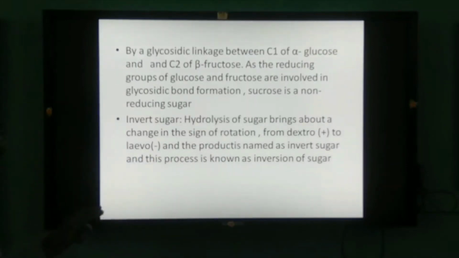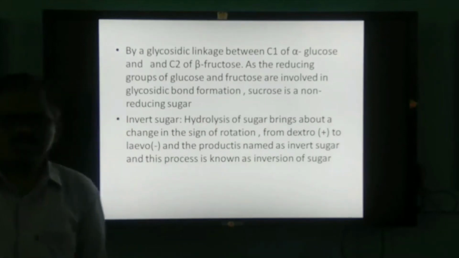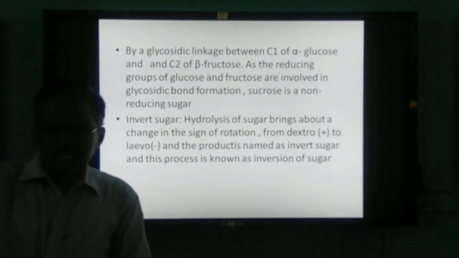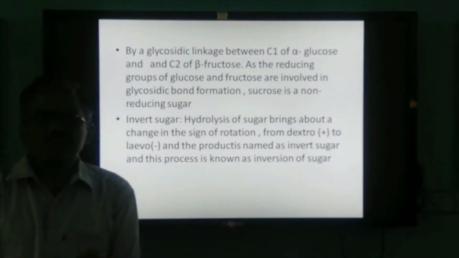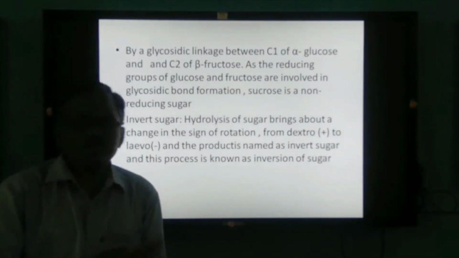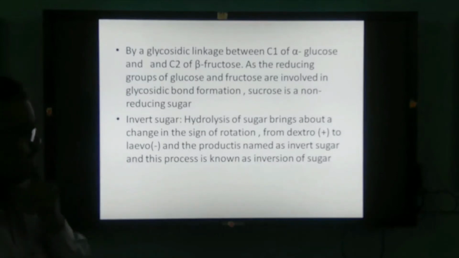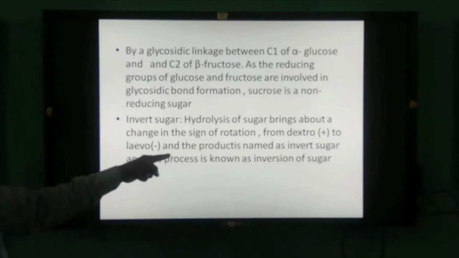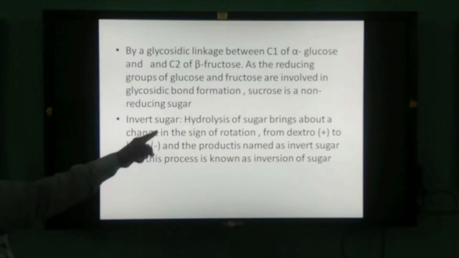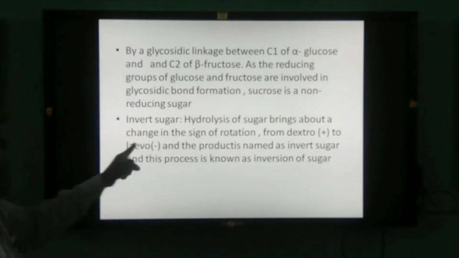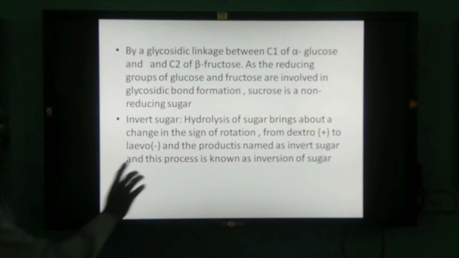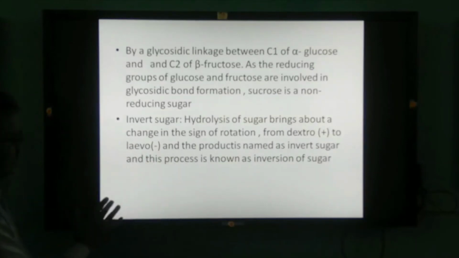Sucrose is dextrorotatory, and on hydrolysis gives one molecule of dextro glucose and one molecule of levo fructose, making the overall mixture levorotatory. This process is known as inversion of sugar.